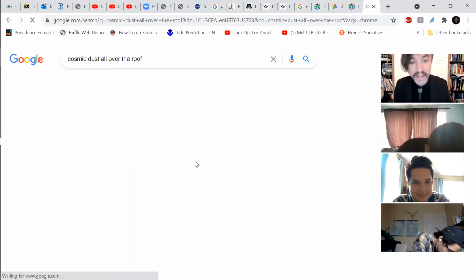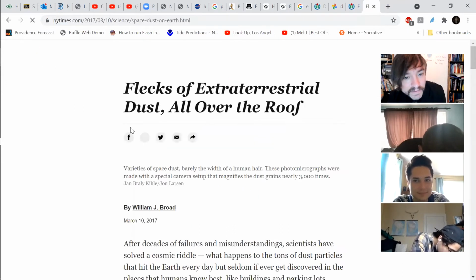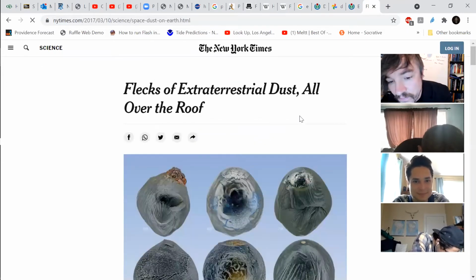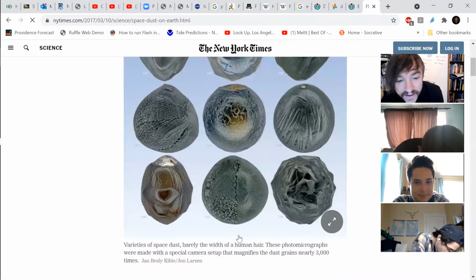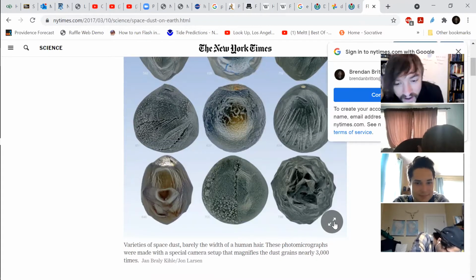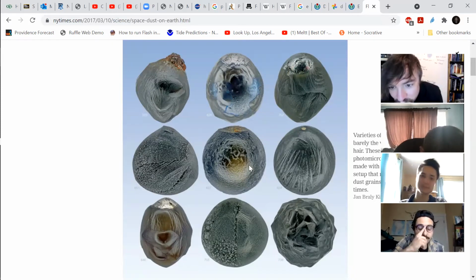I read this one day about a year ago, and the article just blew my mind. And why I want to show it to you is two reasons. One, the photographs he took are amazing. So these are nanometer scale flakes of extraterrestrial dust. Look how beautiful and cool they are.